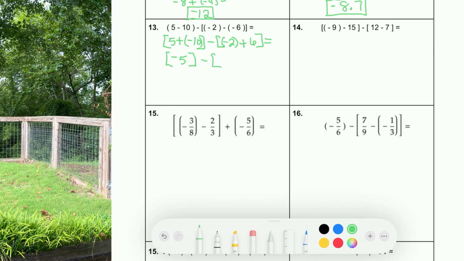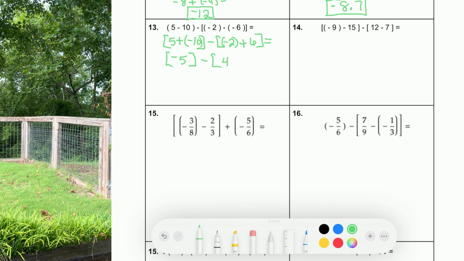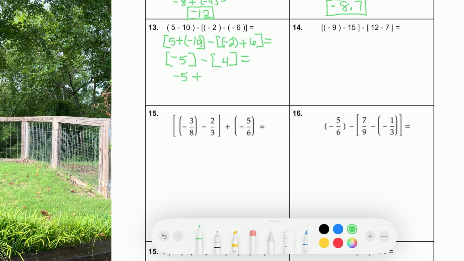In our other grouping, we have -2 plus 6. Take the difference, which is 4. Keep the sign of the larger, which is the 6. So we're going to have a +4 in there. Now we need to do one last keep it, change, change in this problem. So keep the -5, change the subtraction to addition, and then change our 4 to a -4.